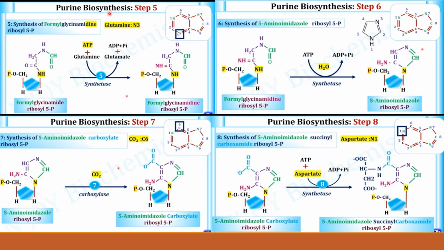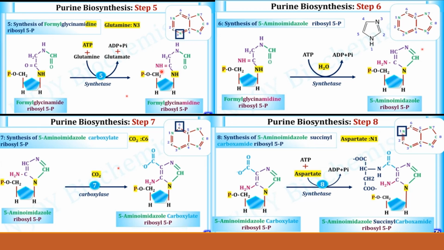In the fifth step, this formyl glycine amide ribosyl 5-phosphate, again glutamine comes into play, and here again an amino group is donated and it gets incorporated here.